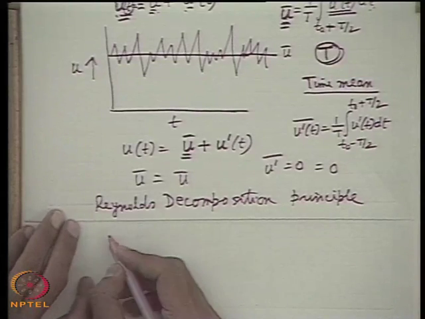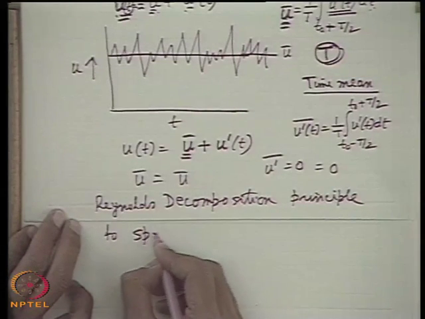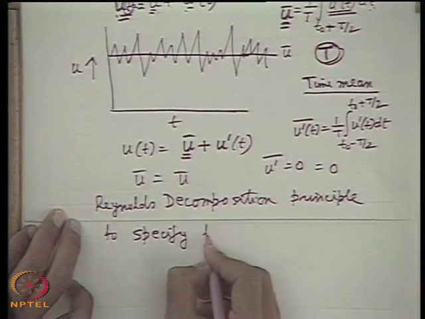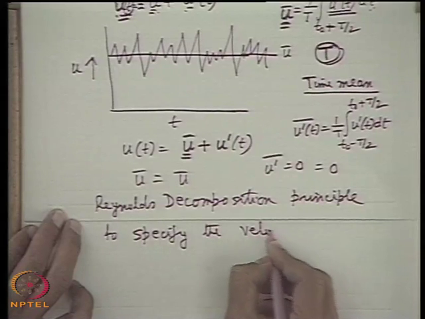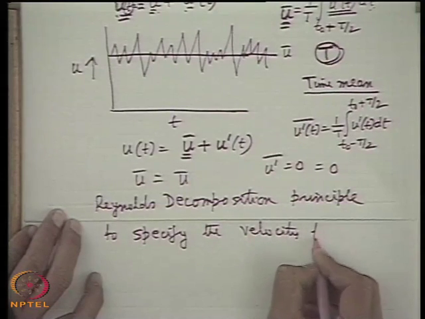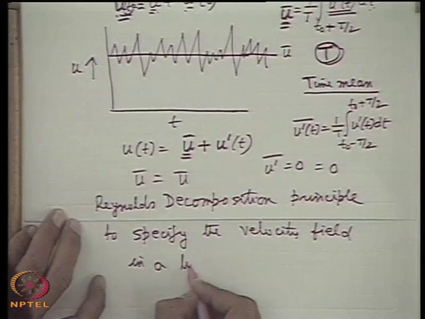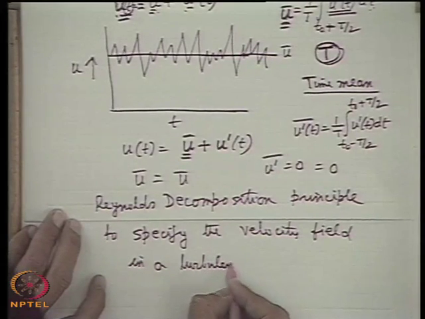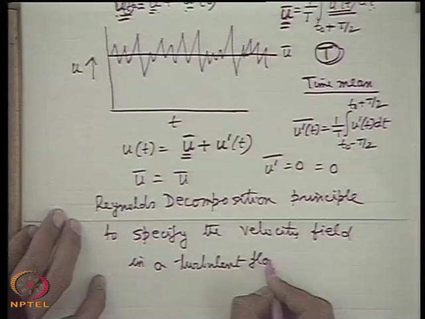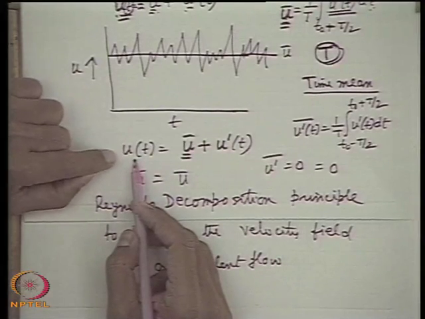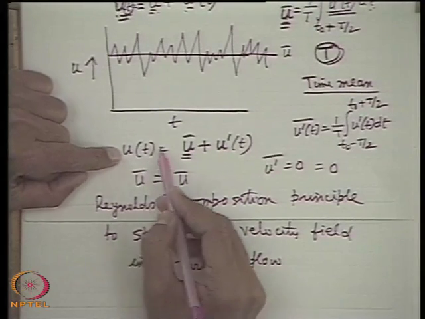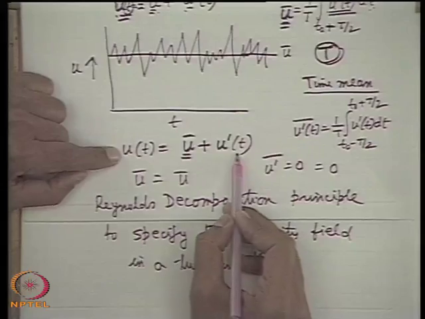Reynolds decomposition principle to specify the velocity field or flow field in a turbulent flow. That means, again I tell you that in a turbulent flow, any velocity component can be expressed as a mean plus a fluctuating one.